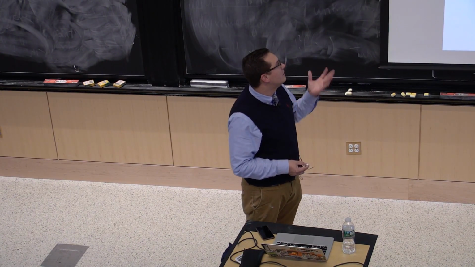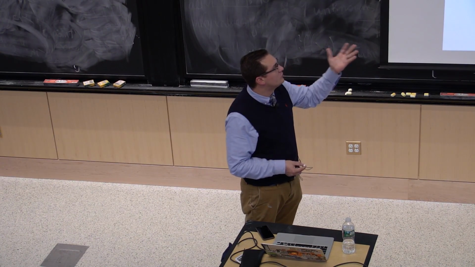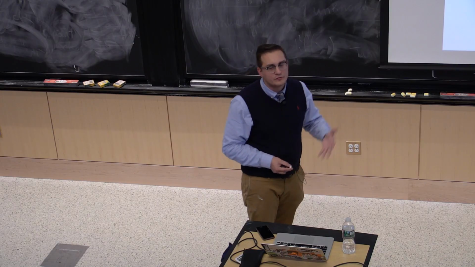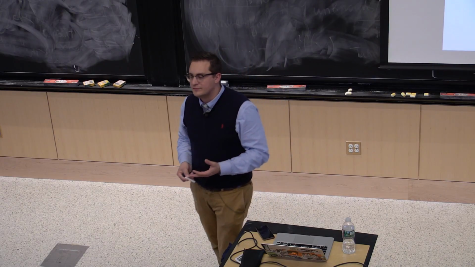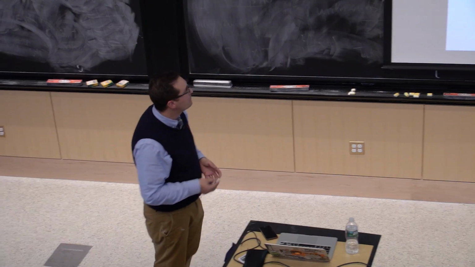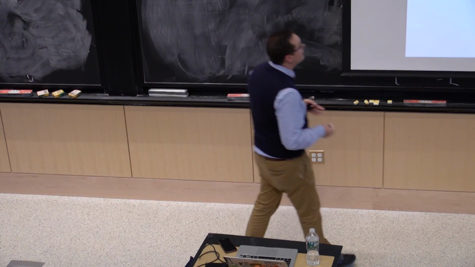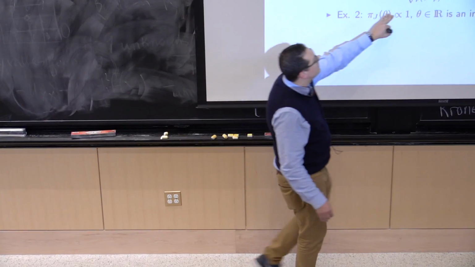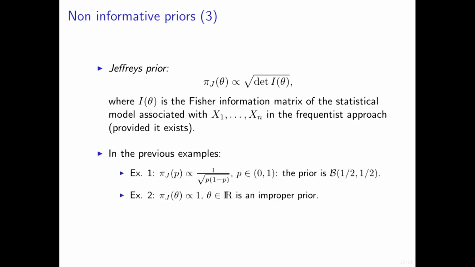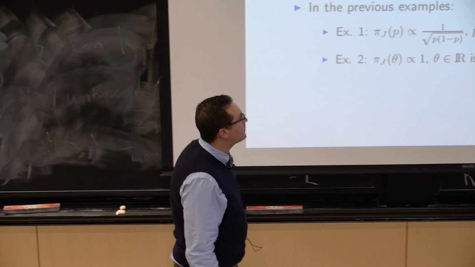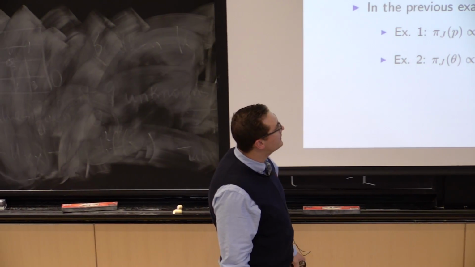So the square root of this thing is basically 1 over the standard deviation of the maximum likelihood estimator. We know that the variance is going to be p(1 minus p) in the Bernoulli statistical experiment, so you get 1 over the square root of this thing.